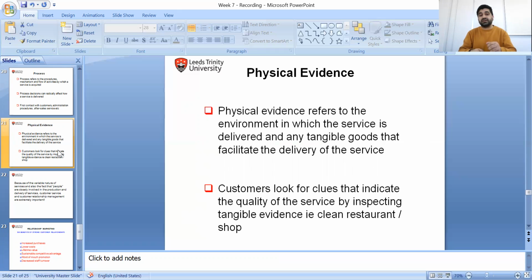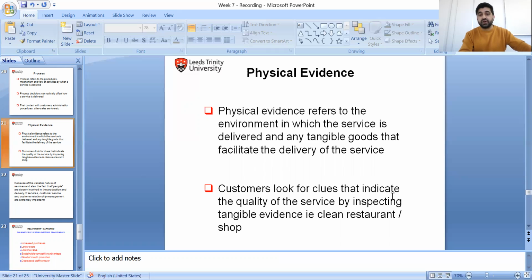They use different machines, combs and scissors, etc. So there is a specific environment to provide services, and this environment and these tangible goods are used when we are providing services.